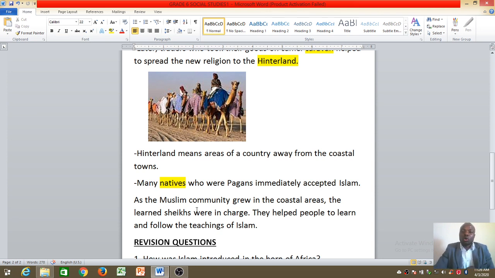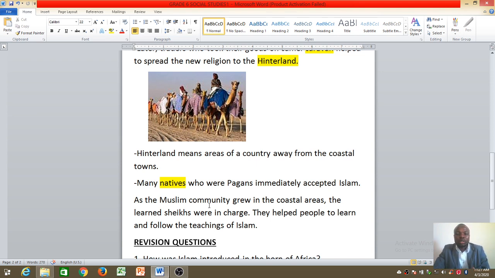As the Muslim community grew, people used to join, very few people, many people now, and now the whole population had joined. So the Muslim community grew big, and in the coastal areas, those who had learned the Islamic principles and how to read the Holy Quran later became sheikhs, and they were in charge. They were the head of the people.